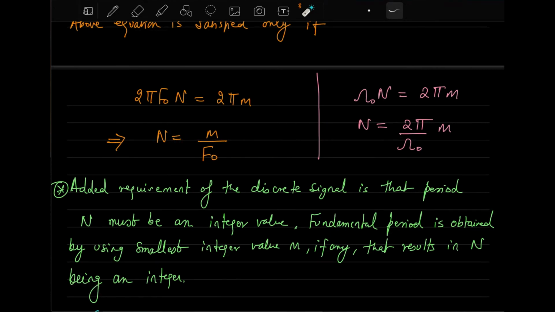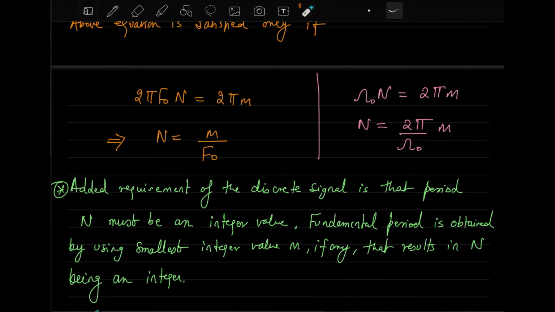If it is not an integer, the result is a non-periodic signal. But if N is an integer, the result is a periodic signal. So note that the fundamental period obtained from this equation is obtained using the smallest integer value of m.